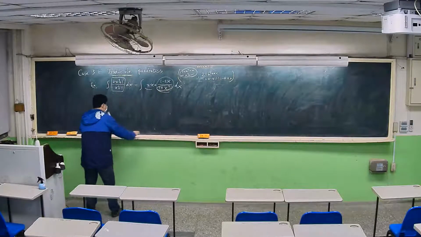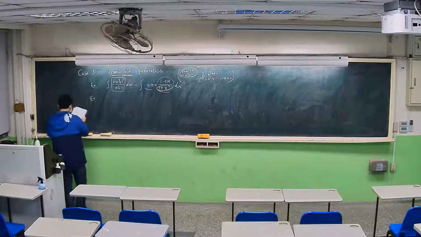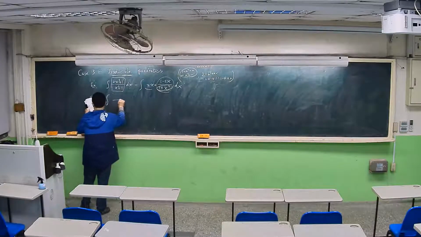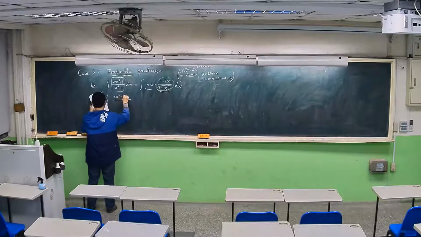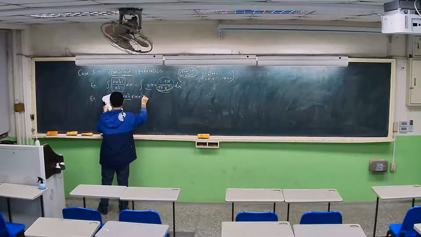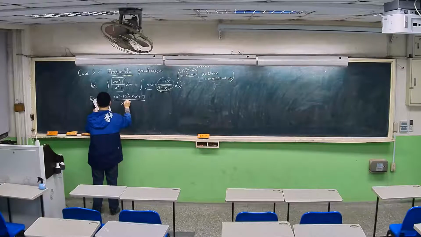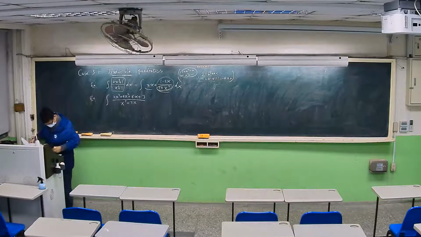Okay, so now let's talk about more examples. To finish this case, we will talk about more examples. Here we consider this case: 2x cubed plus 4x squared plus 8x plus 3 over x to the power 3 plus 3x.